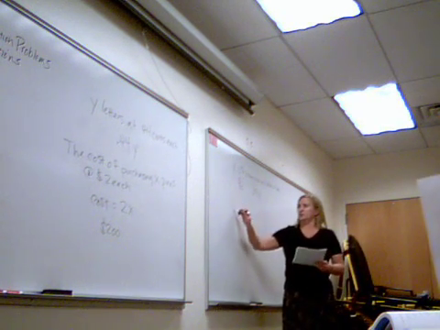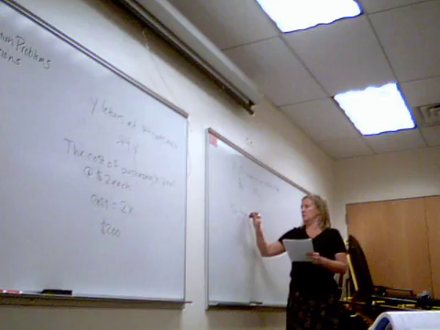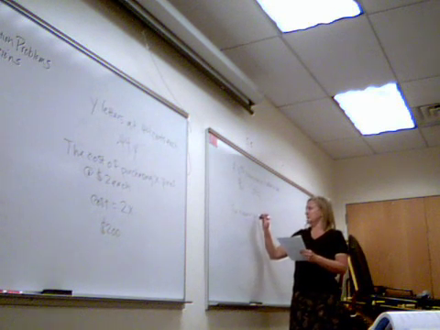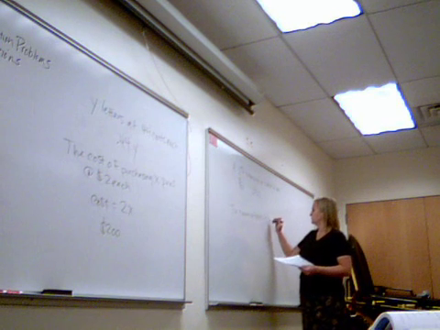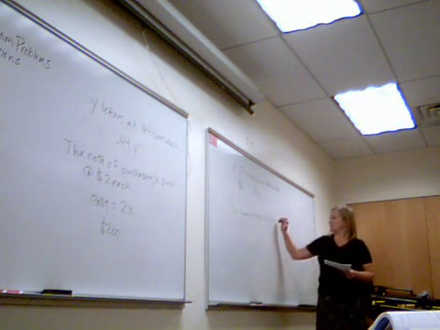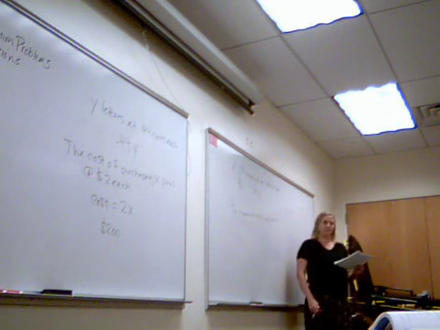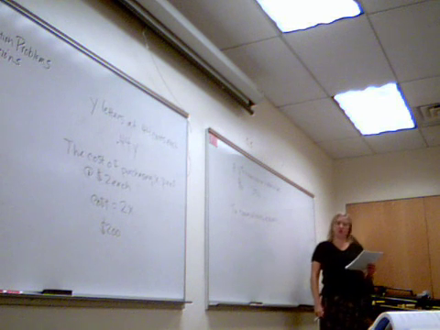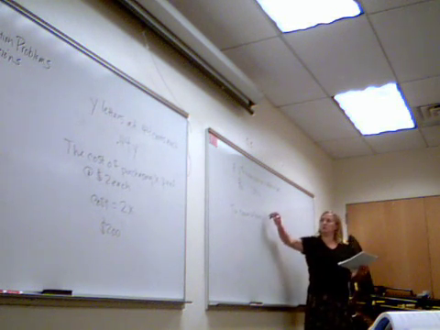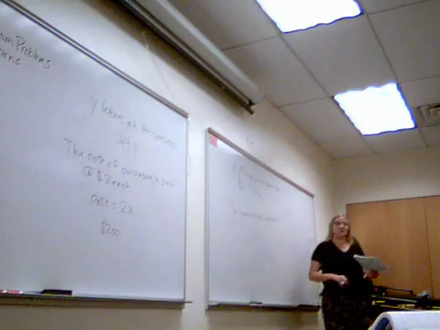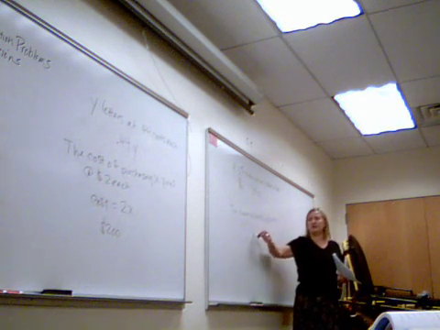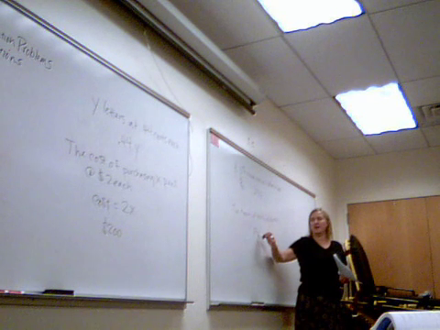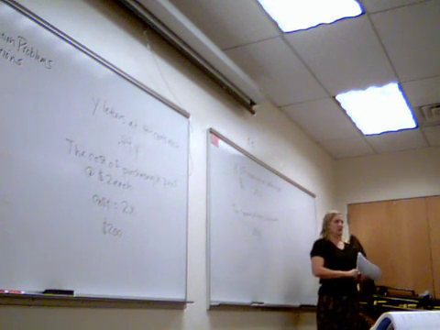Alright, so the next one. The number of cents in Q quarters. How would I write that? How many cents are in a quarter? 25. So I have 25 cents for every quarter there is.